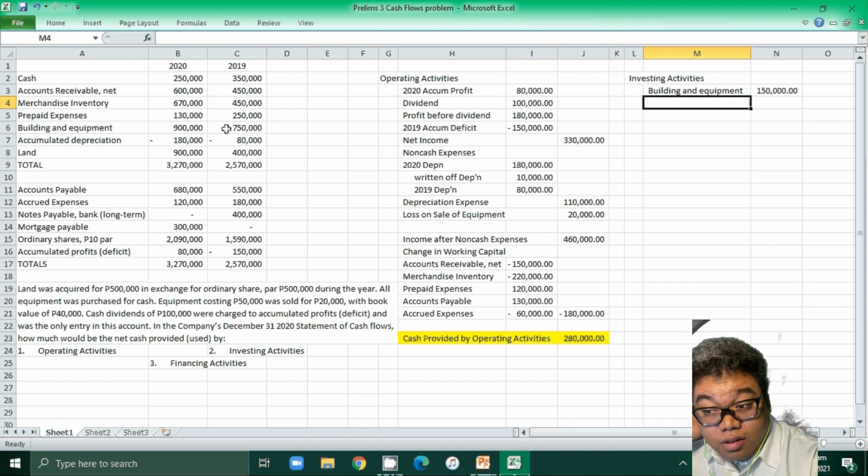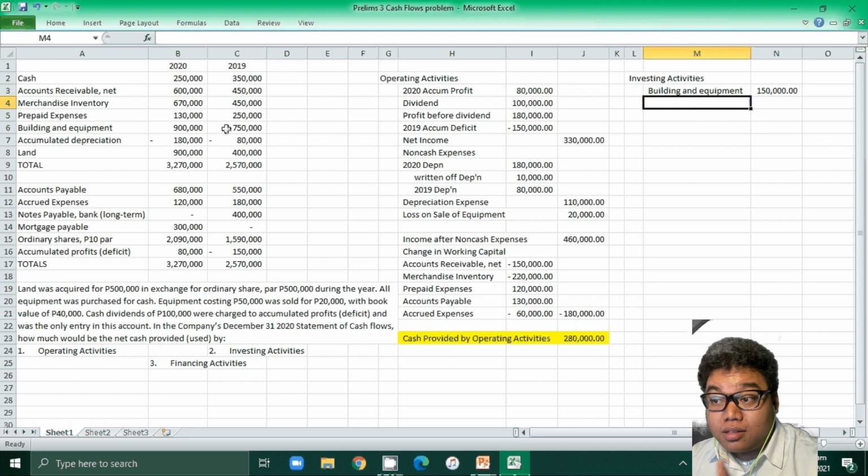But we have to take note that there is an equipment of 50,000 that was sold. So the ending balance, if that equipment was not sold, should have been 950,000. So we will add that back.